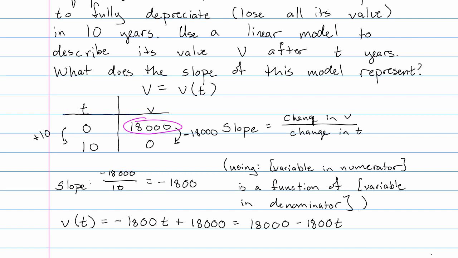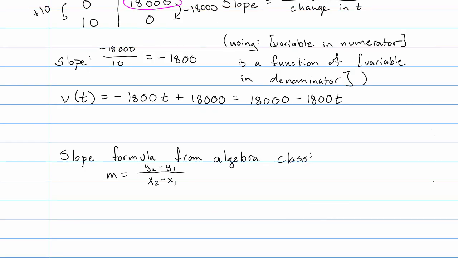Okay, so this is probably somewhat different than the slope formula that you're already familiar with. The slope formula that we usually meet in algebra class looks something like this. m is y2 minus y1 over x2 minus x1, where x1, y1 and x2, y2 are two pairs. That really is what we just did here, right?